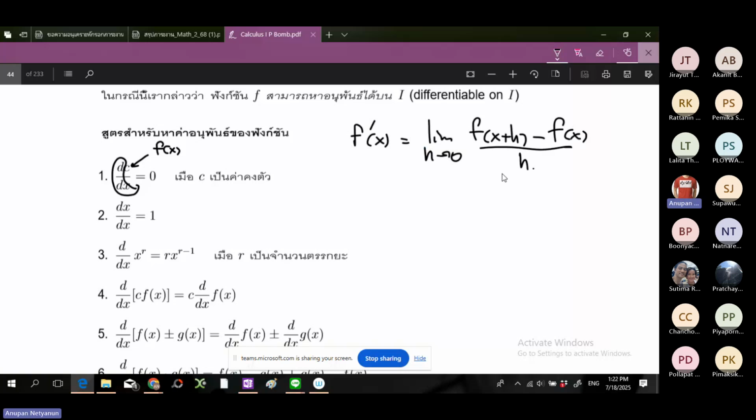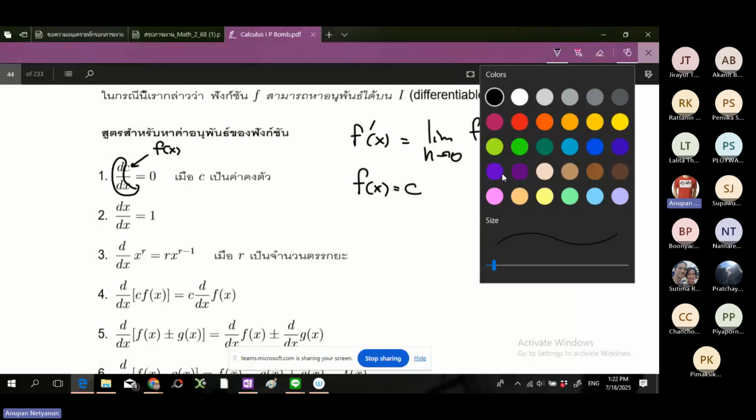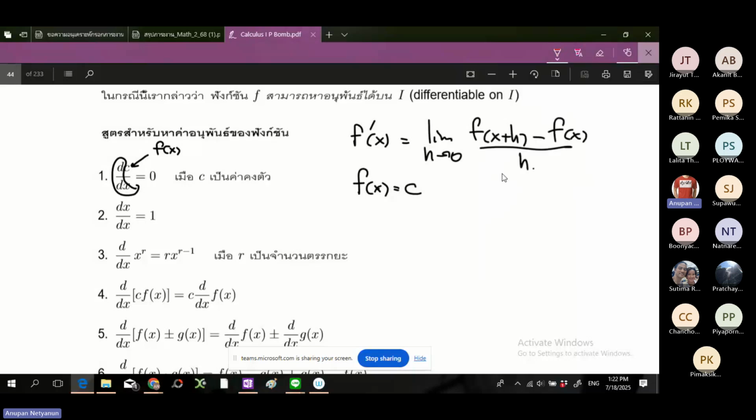Since your f of x is c, no matter what your x is, when you plug it in, you always get c. That means f of x plus h, you want to know what it is? Plug x plus h in here. But this function says that no matter what your x is, you always get c. So by this definition, you have c here.